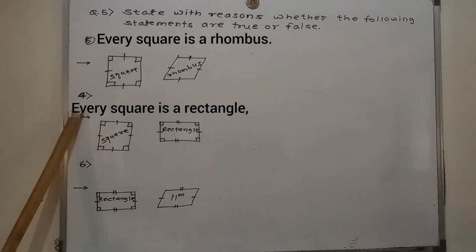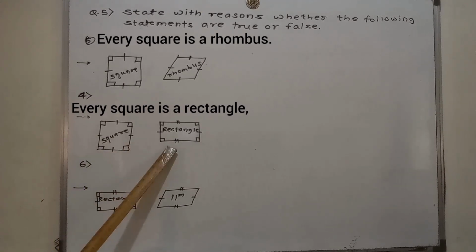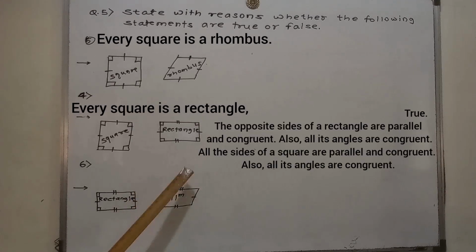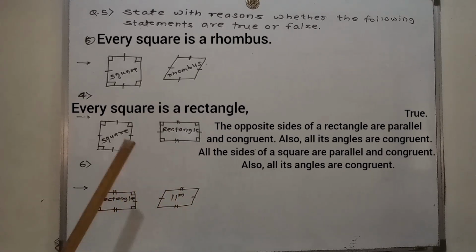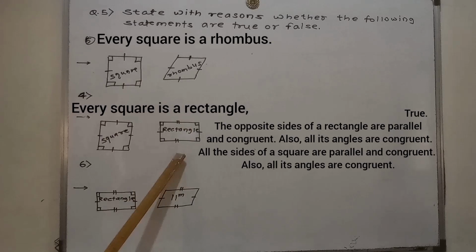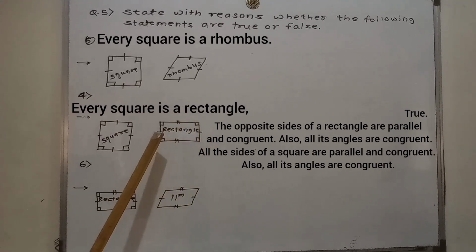Number 4. Every square is a rectangle. Okay. This is also true. What is the reason? The opposite sides of a rectangle are parallel and congruent.